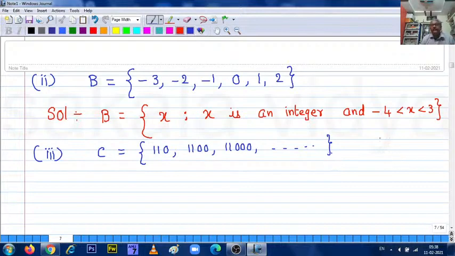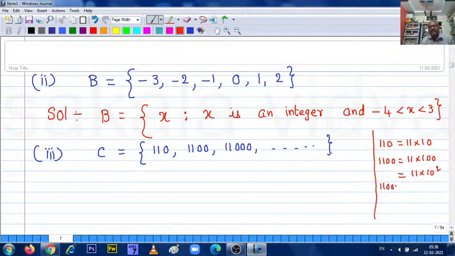See, 110 can be written as 11 times 10. 1100 can be written as 11 times 100, that means 11 times 10 square. 11,000 means 11 times 1000, and 1000 is nothing but 11 times 10 cube.